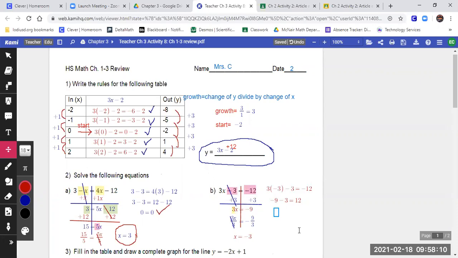What do we do when it's the same sign? We add and what? We add them and then do what?